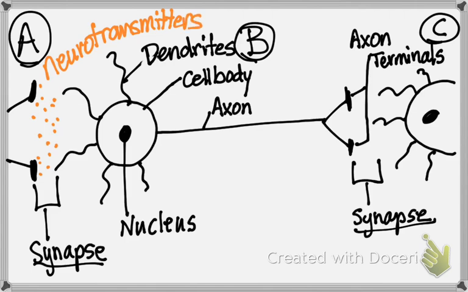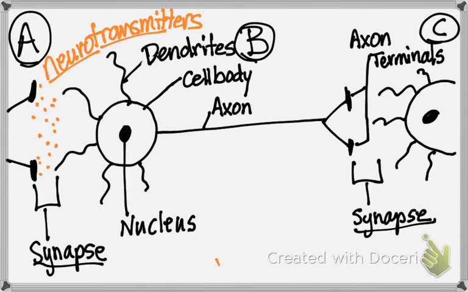That's a long word. Neuro for neuron, transmit to send a signal. So these are chemical messengers, chemical signals. And those neurotransmitters get absorbed by receptors in nerve B.